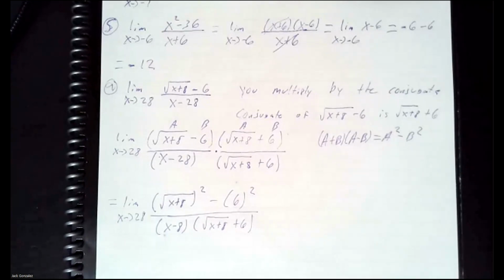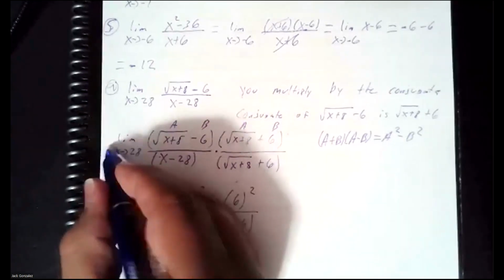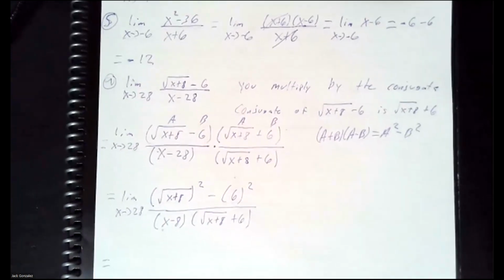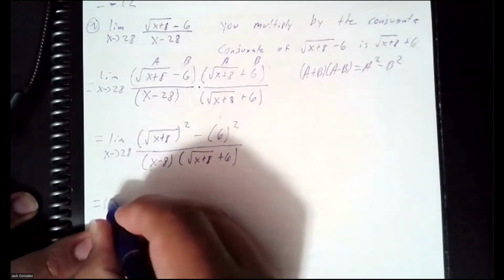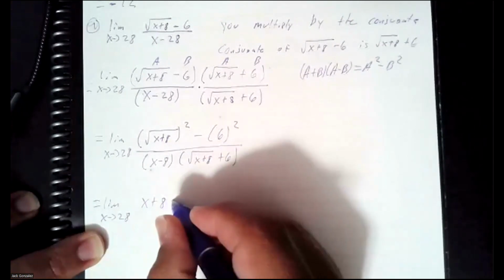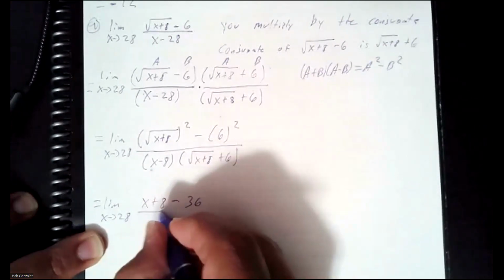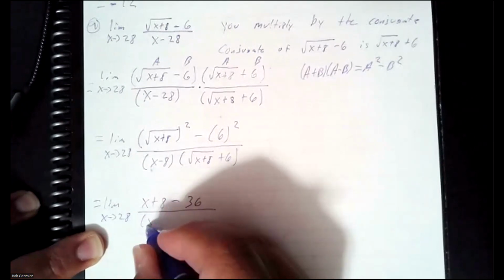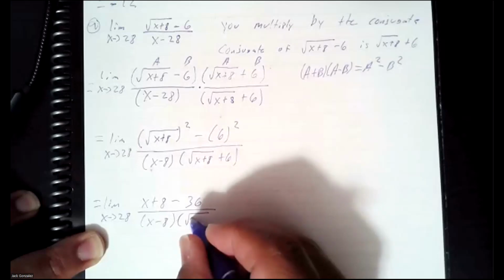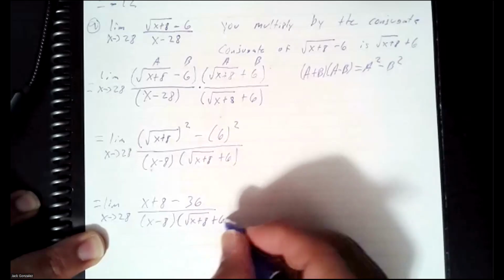You guys still with me at this point? Cancel out the square root with the 2. So right here, we'll get x plus 8 minus 36 over x minus 28 times square root x plus 8 plus 6.